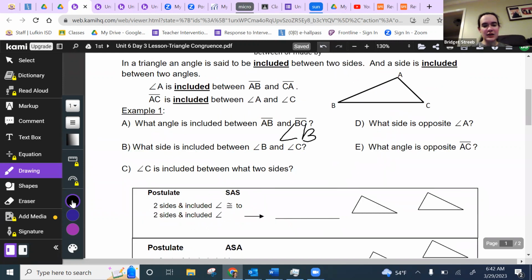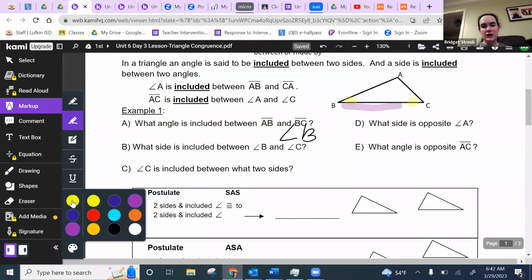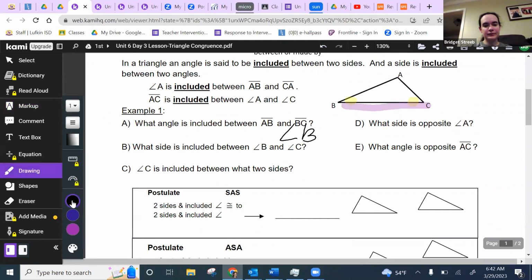What side is included between angle B and angle C? So angle B, angle C are these 2. Which side is between those 2 angles? So that would be segment BC.